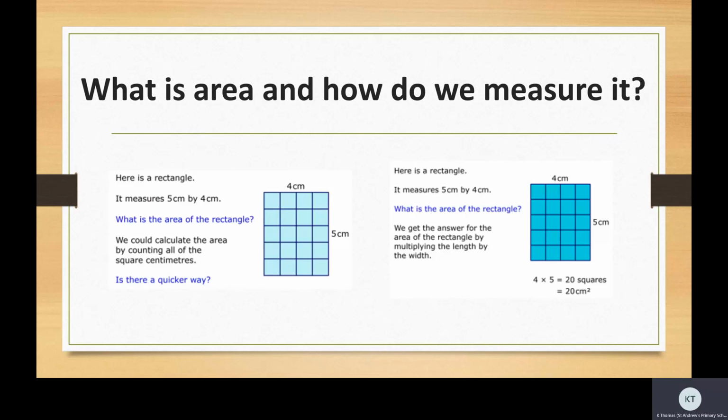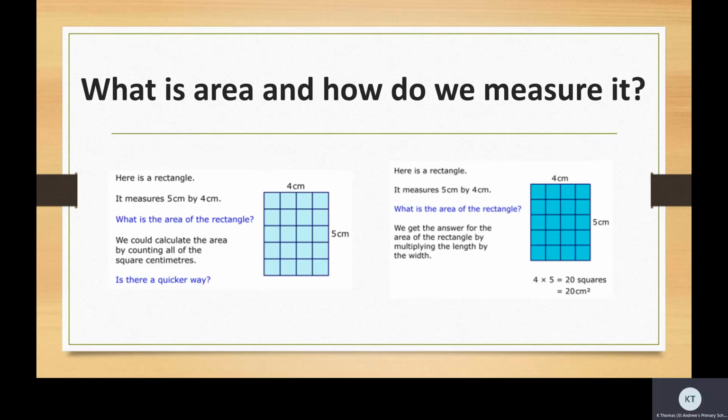Here is the same rectangle. It measures 5 centimetres by 4 centimetres. And I've put alongside it on the right the other way of working it out, because you could, in the first example, count all of the squares. But the faster way and the mathematical way of calculating the area of a rectangle is to multiply the length by the width.